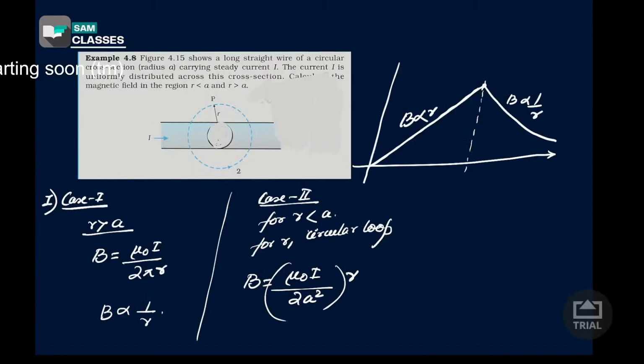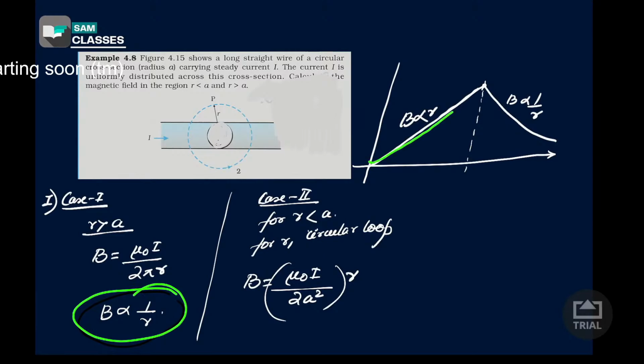So let me show you the screen now. That's why I'm showing it, so that you all will understand. See here, the diagram. What is the formula here? Inside, okay.